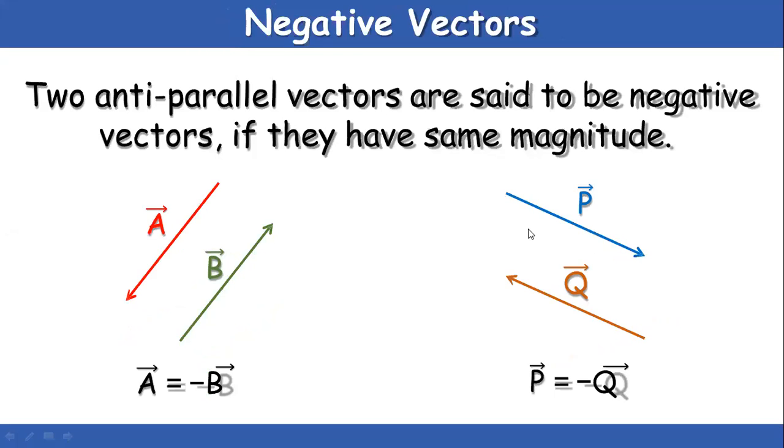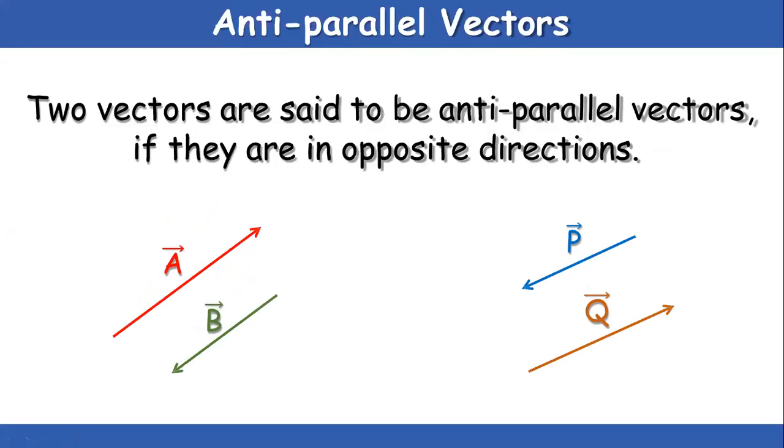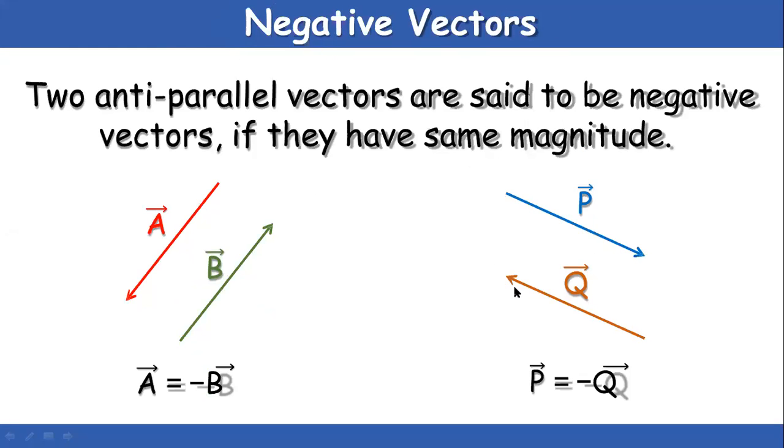Then another example is the negative vectors. Negative vectors have the same magnitude. Anti-parallel, what we have seen, means they are opposite in direction.